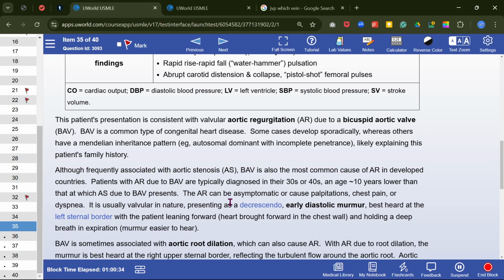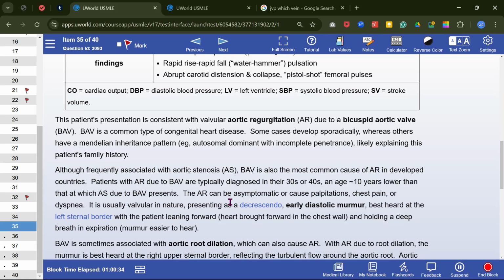In some cases it develops sporadically, whereas some have Mendelian inheritance, autosomal dominant with incomplete penetrance, likely explaining this patient's family history. Although frequently associated with aortic stenosis, bicuspid aortic valve is also the most important cause of AR in developed countries.